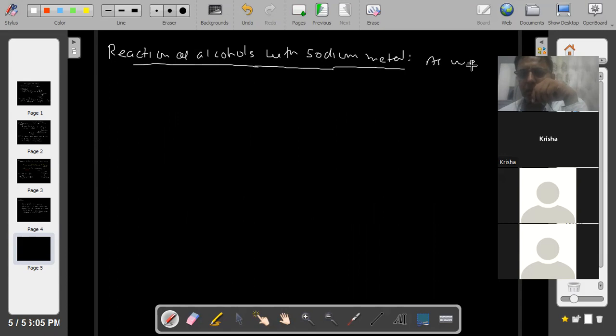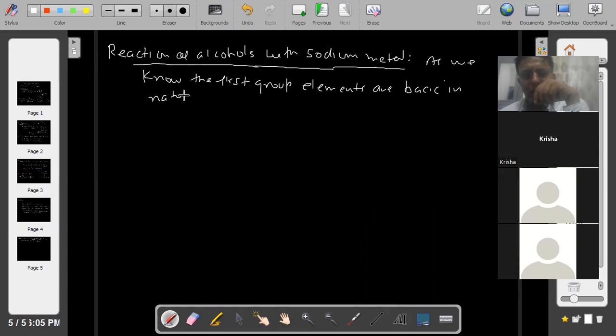As we know, the first group elements are basic in nature and alcohols are slightly acidic.